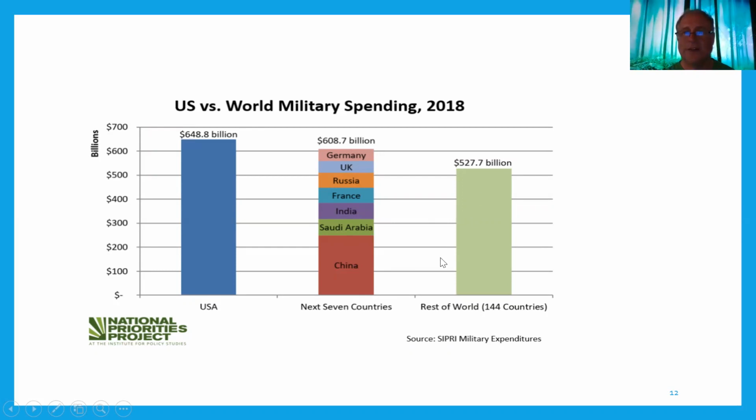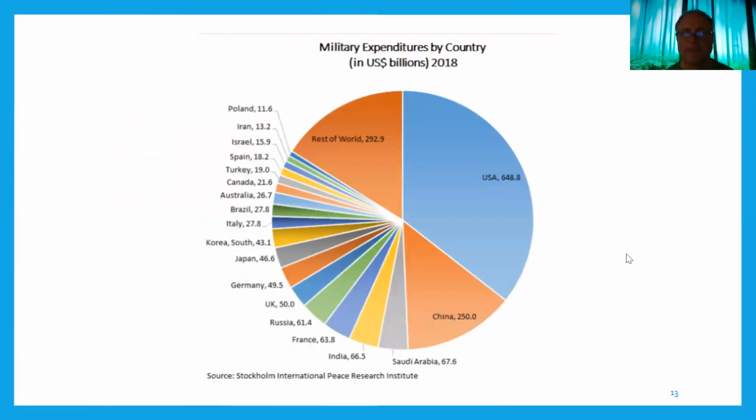If you look at the other countries of the world, they also do not spend what we spend on our military. And there's another way of looking at how much money is spent on the military by the rest of the world, including us. I'm going to let you decide if you think that is an appropriate amount of money for us to be spending on the military.